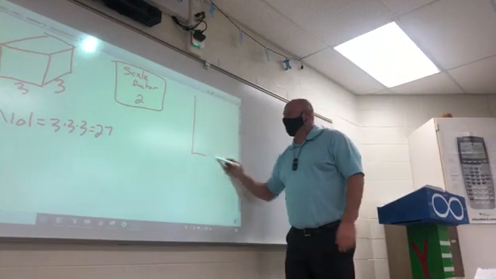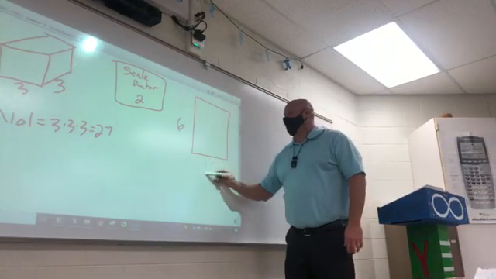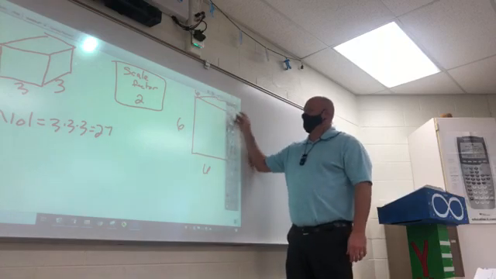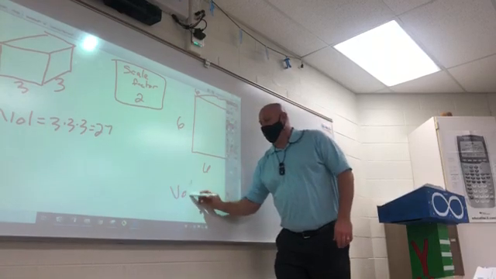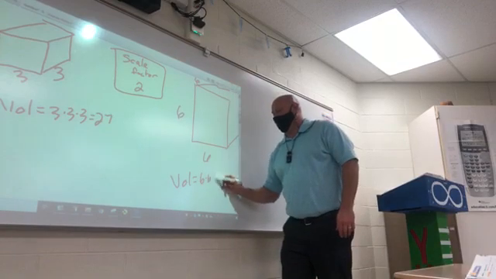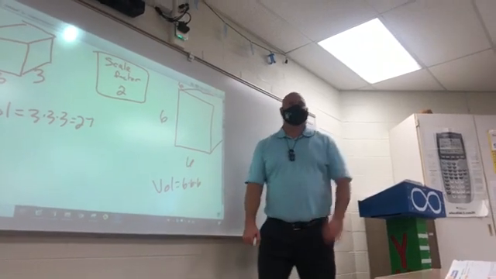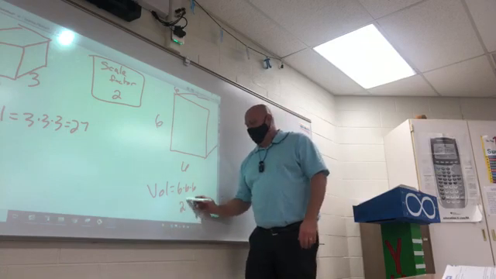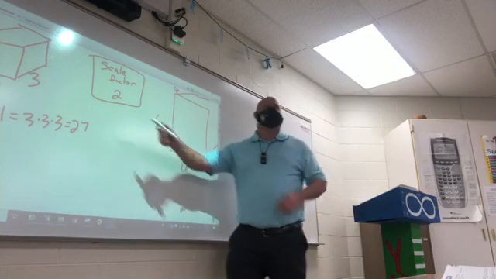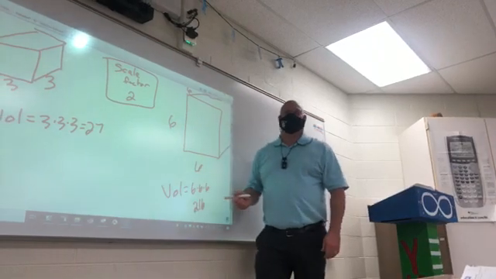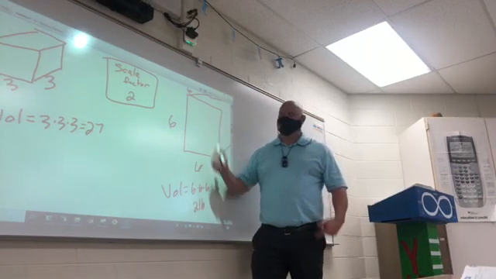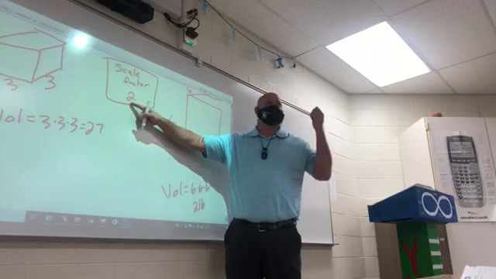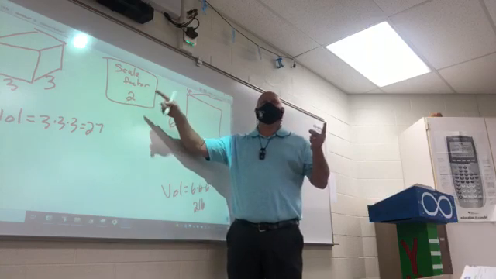So now it's 6 by 6 by 6, right? So now my volume is 6 times 6 times 6, or whatever that is. 36 times 6 is 216, I think. What's the ratio of these two volumes? Is it going to be the same as this? No. It's not even going to be 2 squared either.